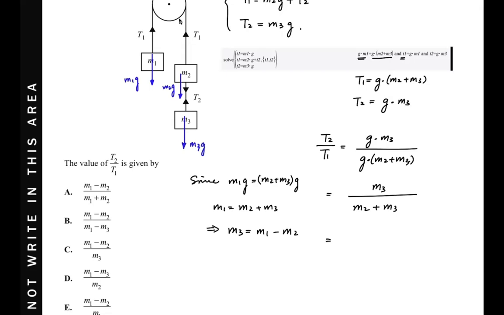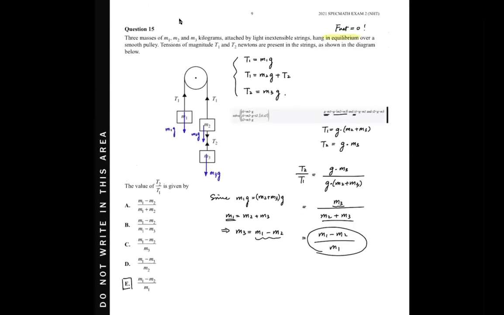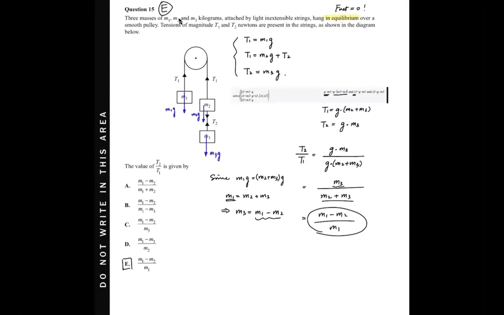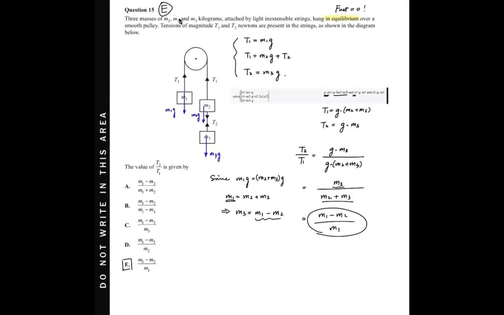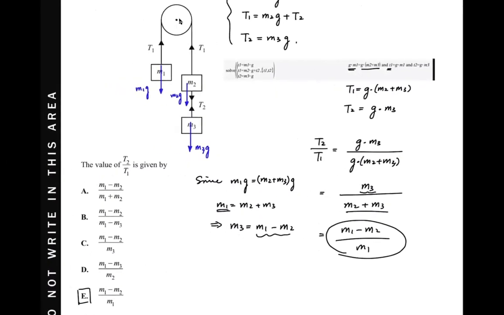All right, so I'm going to put M1 minus M2 here. M1 minus M2 is here, and M1 is here. Option E. What a tedious algebra problem rather than a mechanics problem. It's all about manipulating the expressions using what you have on your plate.